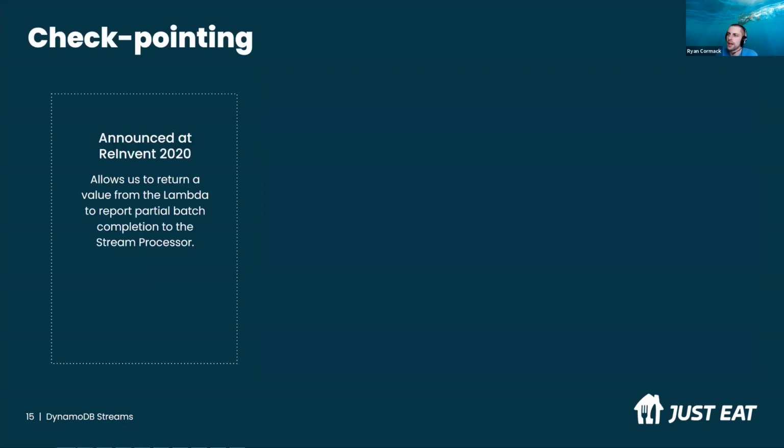And finally, this one is a really interesting and new way to manage some of these failure scenarios that Amazon announced in 2020 at re:Invent, so about 6 months ago. It's the ability to offer this so-called checkpointing function. So this is the scenario where maybe if you did take a batch of 100, you might have the ability to process maybe 99 of those records.